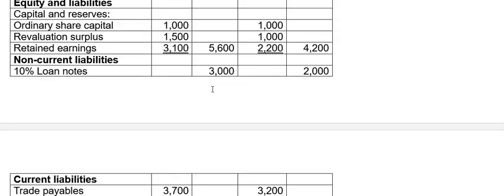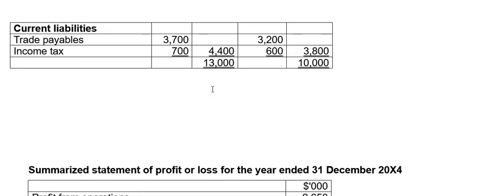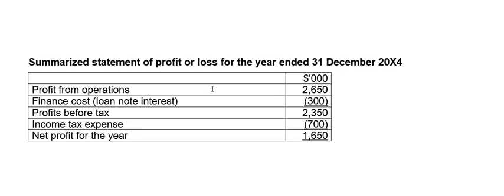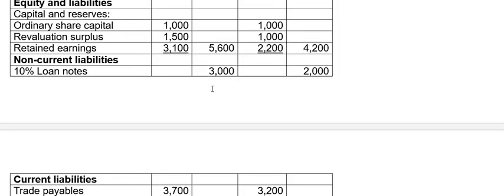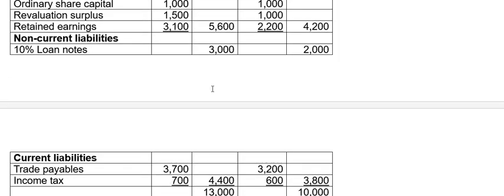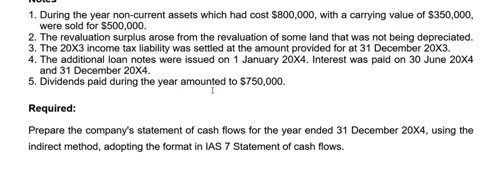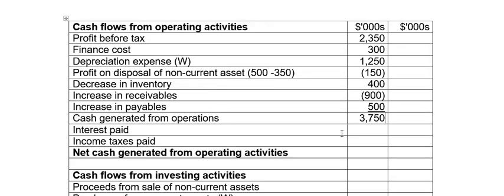The finance cost you see in the statement of profit or loss was paid, because in the statement of financial position we don't see any liability for interest expense, meaning the 300 was paid during the year. So the interest paid is 300.